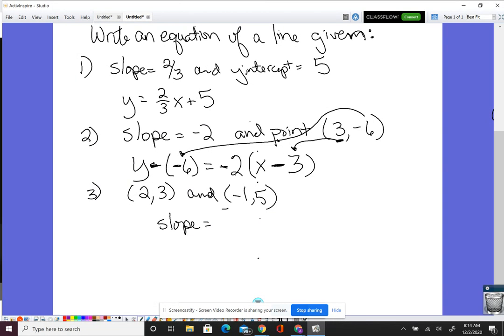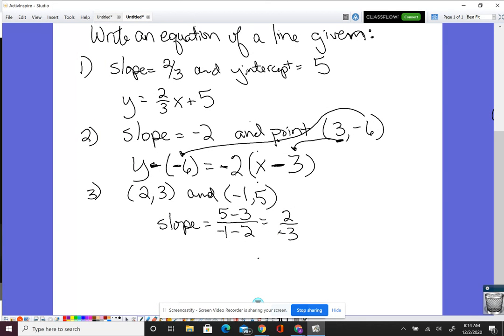So 5 minus 3, our y-coordinate from this one, our y-coordinate from this one, over our x-coordinate from that one, minus our x-coordinate from there. Remember, it's always y's on top, x's on the bottom, and it's the difference between them, so you're using that negative sign. So we calculate out the slope to be negative 2/3.